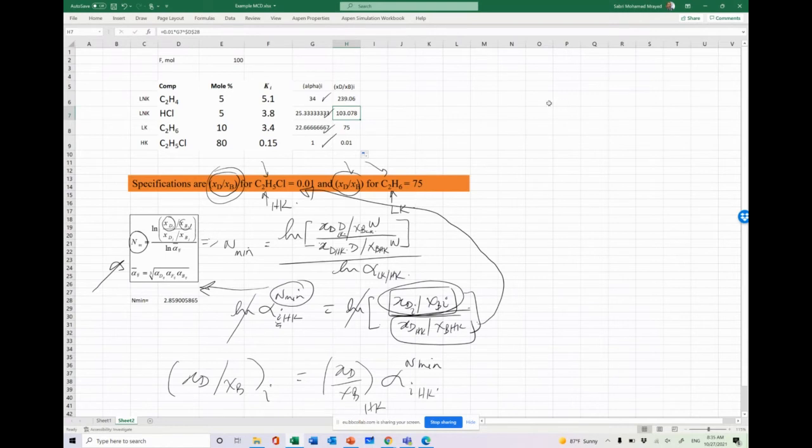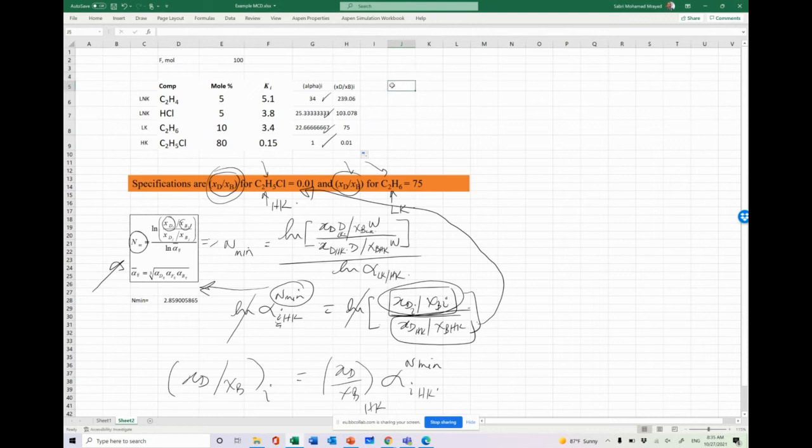So now what I would like to do is calculate D and W. As we mentioned here, xD over xB is the same as xDD over xBW.